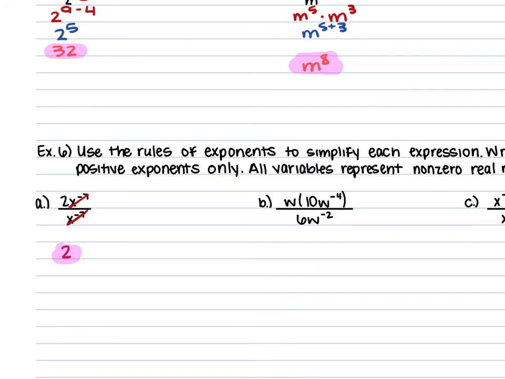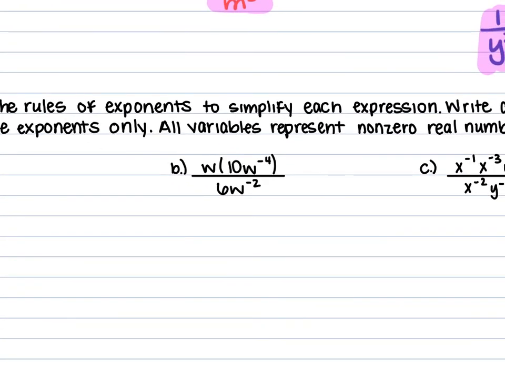For example B, we have w times 10w to the negative 4th all over 6w to the negative 2nd. So with this one, if I multiply my numerator first, I'm going to have 10 times w to the negative fourth plus the first. Since I'm multiplying, I add the exponents if my bases are the same, all over 6w to the negative second.